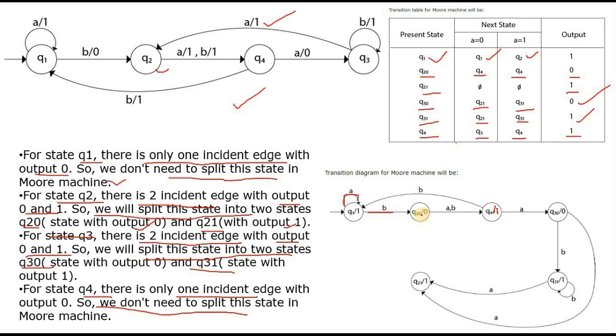So no need to connect any one. That's why I have represented here like this. Next, Q2 0 is over with 0 output, and comes to the next state Q4 with output 1.